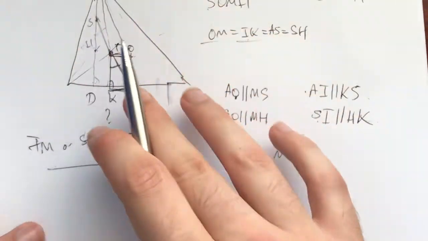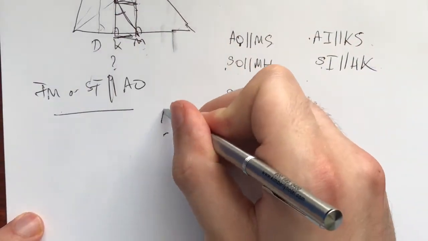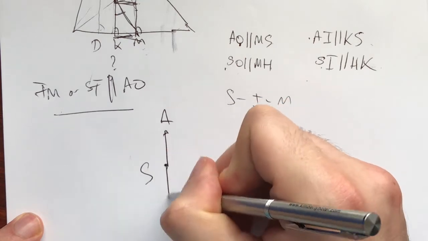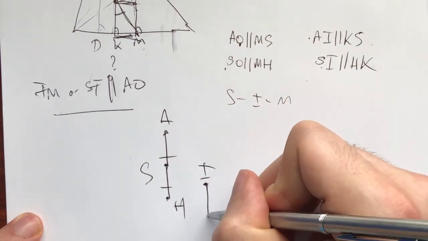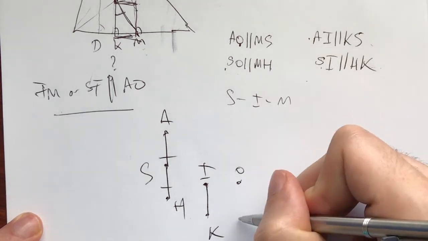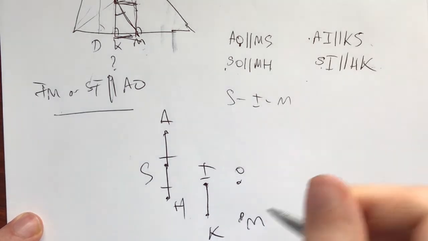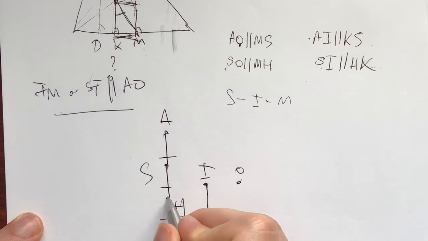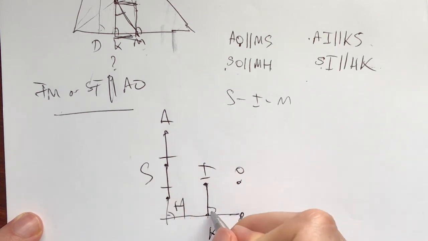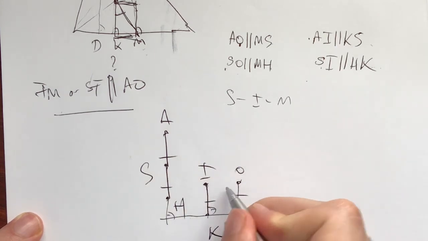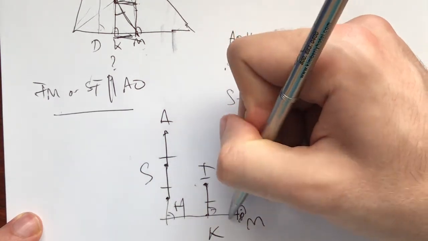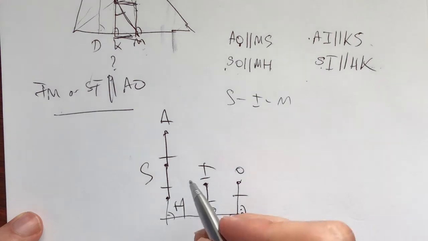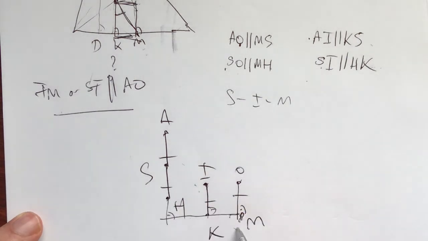So let's draw. What do we have? We have points A, S, H. Then we have I, K, O, M. And we have this is perpendicular to this. Perpendicular, equal. And now, yes, we need S, I, M to be collinear.